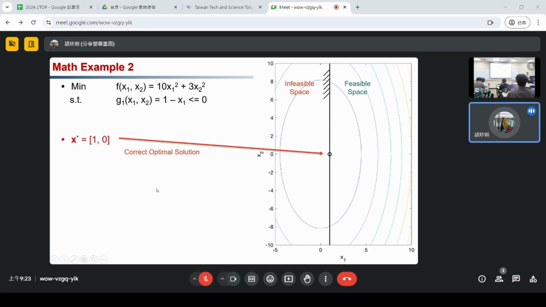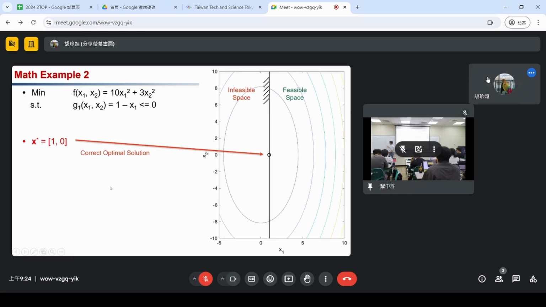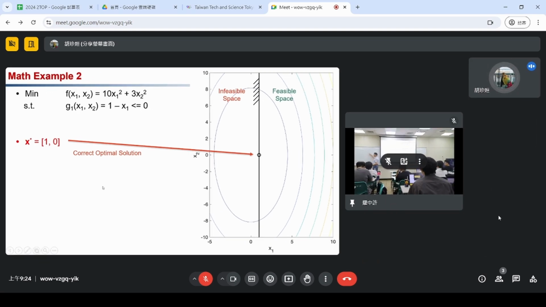So if you are not sure, I can make some drawings, which can help you understand. Earlier, we had a function. I tried to draw contours of the function. Contours means whenever points are on the same curve, they share the same function value.